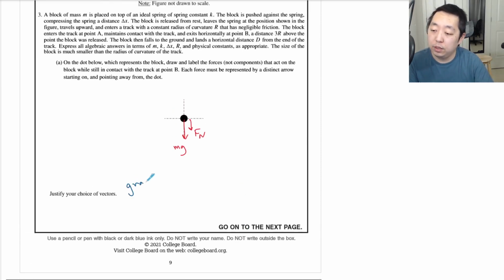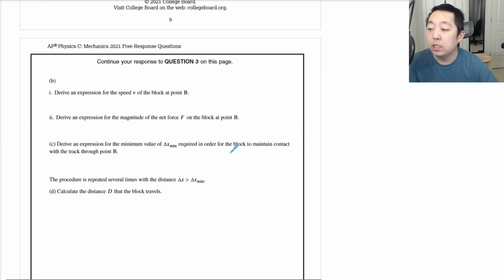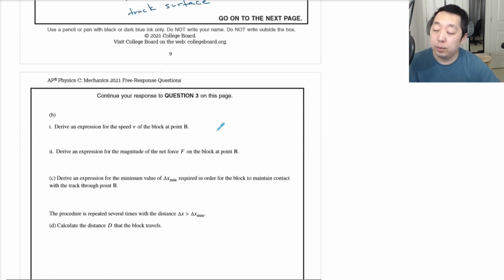Gravity always points down. Normal force is perpendicular to the track surface, outward, which in this case is down. That's it.